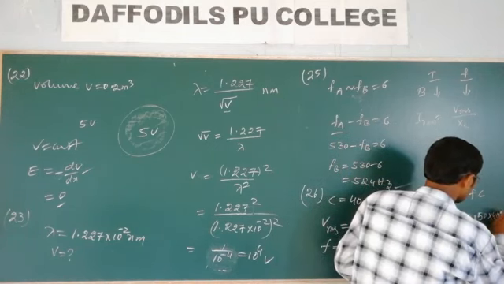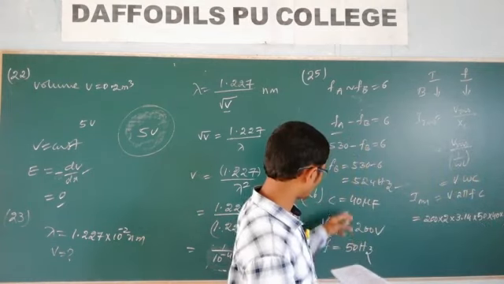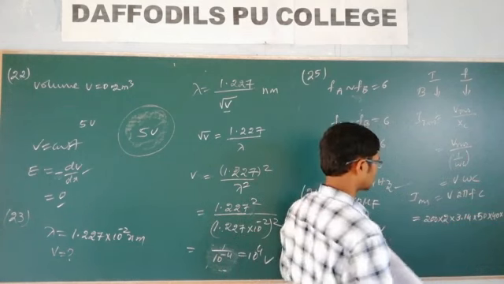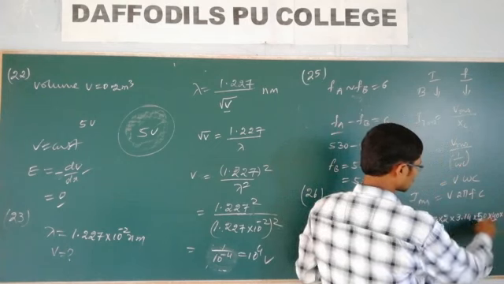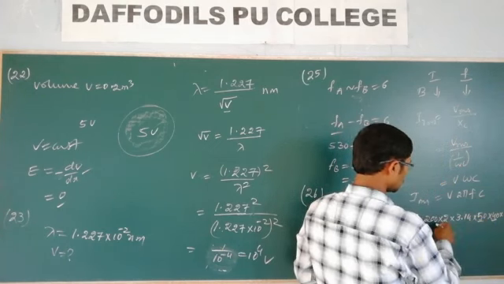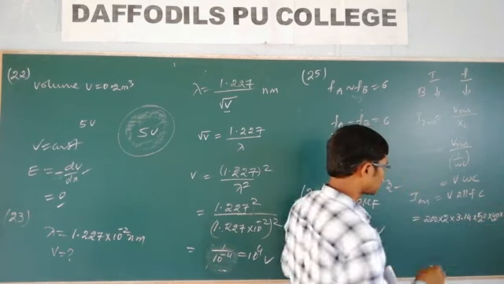Now you substitute values. I RMS is equal to 200 into 2 into 3.14 into 50 into 40 into 10 power minus 6. C value is 40 microfarad, so 40 into 10 power minus 6. Now let us find the answer.